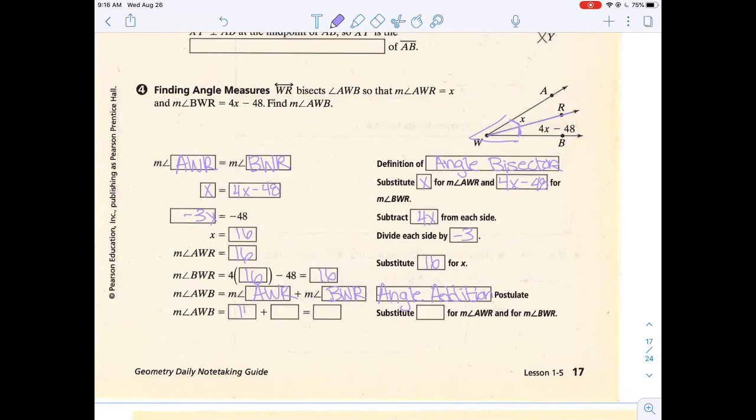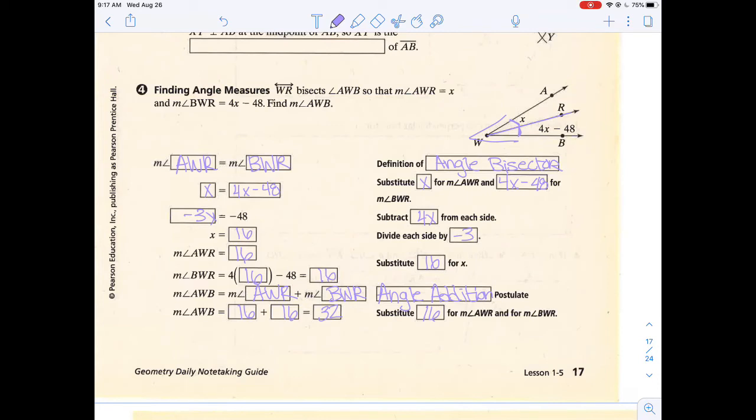So AWB has to be 16 plus 16, which is 32. And all we did was substitute in 16 for the angles. Okay, so that's how we're going to use angle bisectors to solve problems.